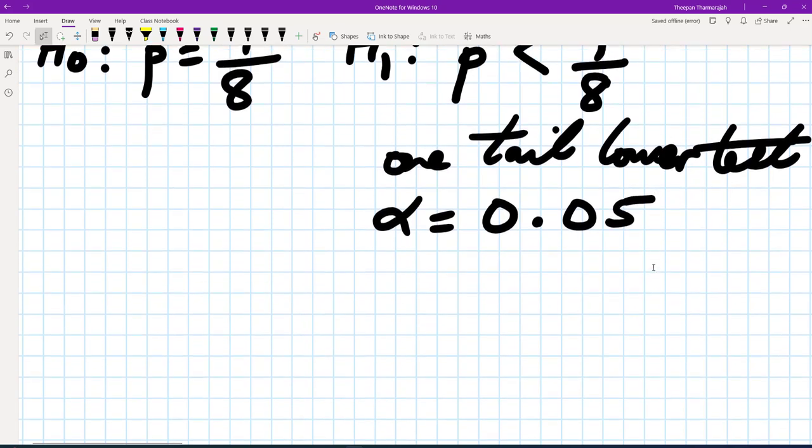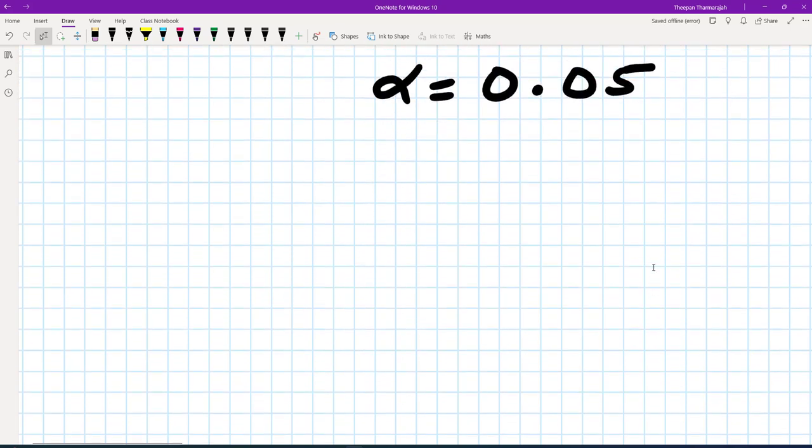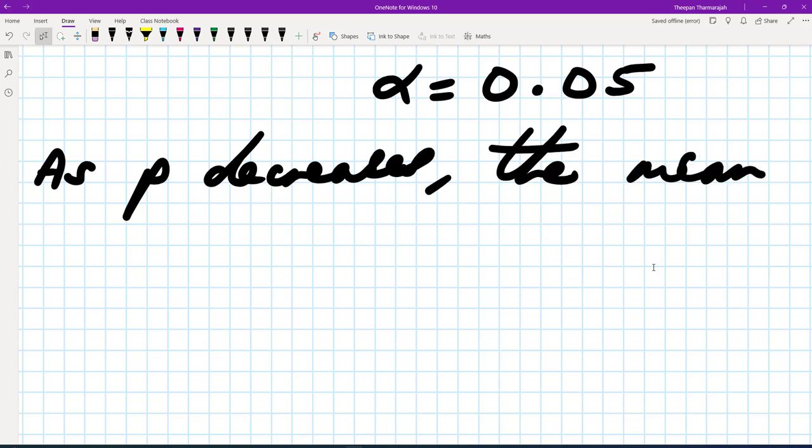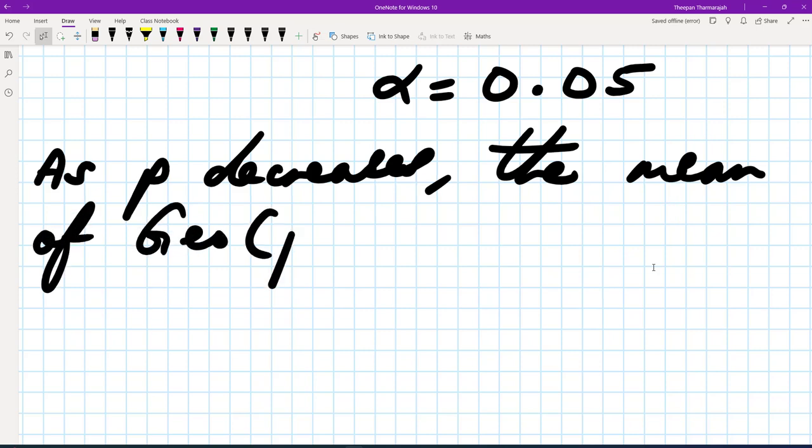Now the key thing you need to realize and make clear to your examiner is that the geometric distribution has a key property. We say as P decreases, the mean increases. So make that clear to the examiner.